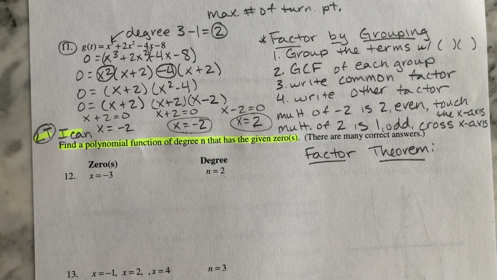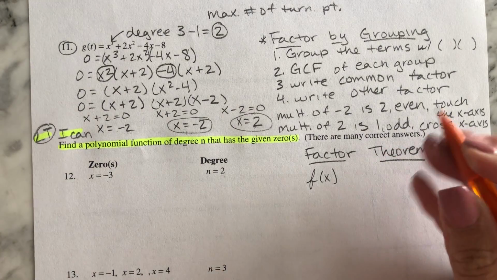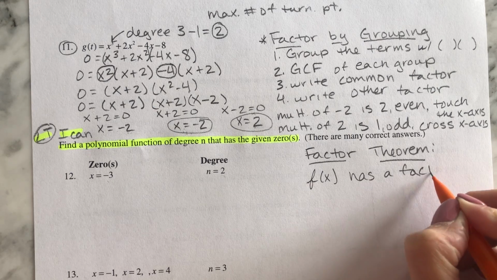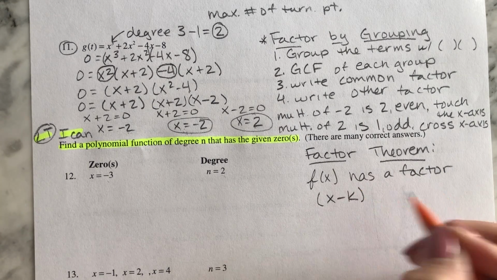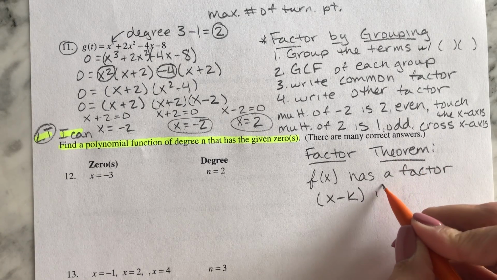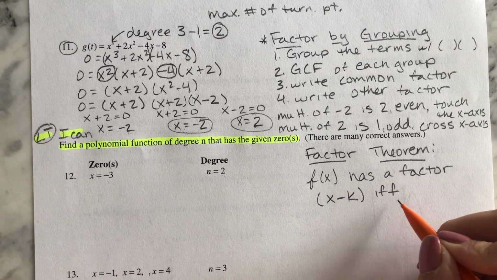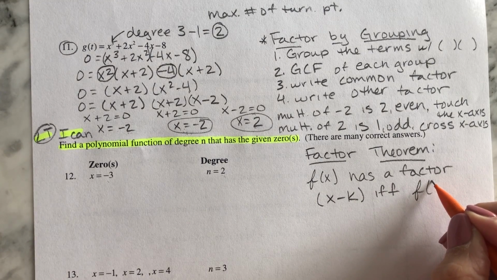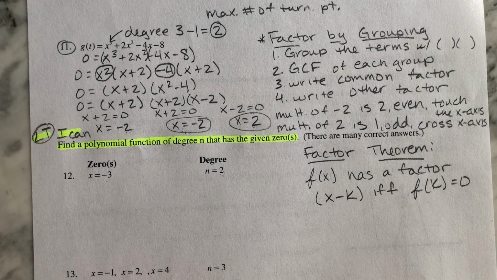The factor theorem says that a polynomial f of x has a factor x minus k if and only if, IFF, that's shorthand for if and only if, f of k equals 0.